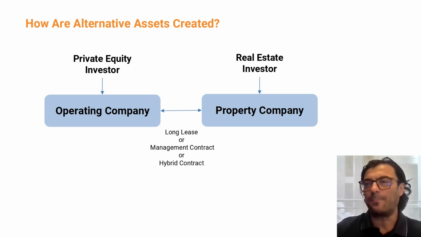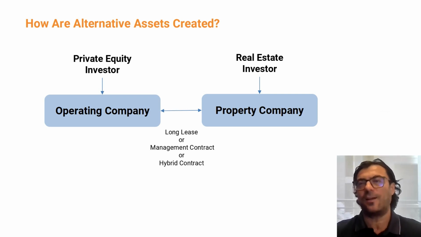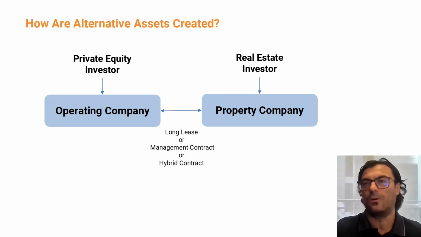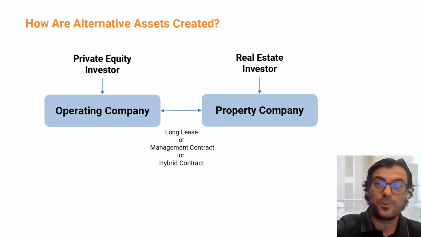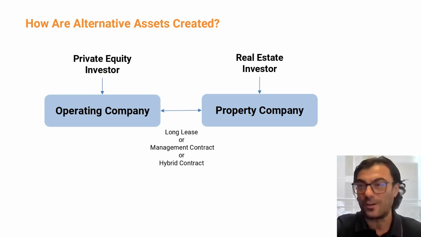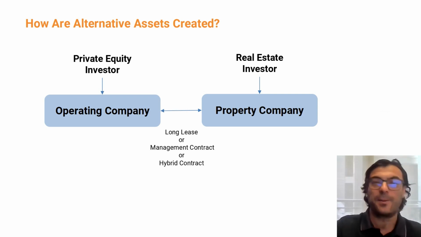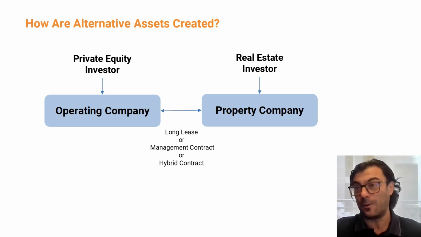So the property company is what will own the alternative asset, and it will closely work with the operating company. We will also see that in some cases this model works, and in some cases it doesn't, so the operating company and the property company have to be combined.